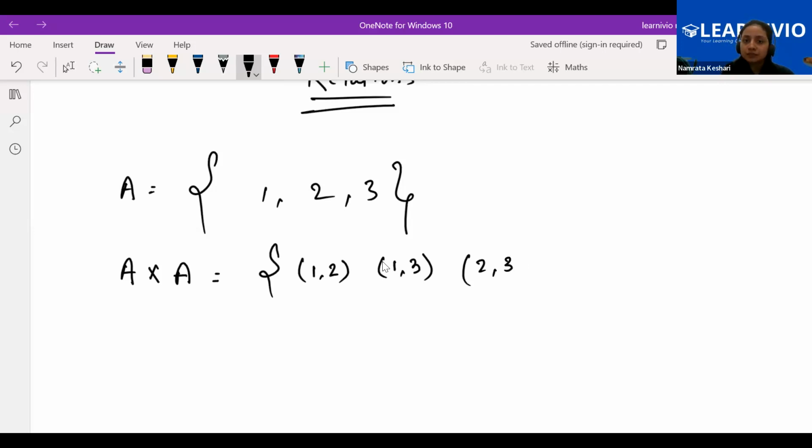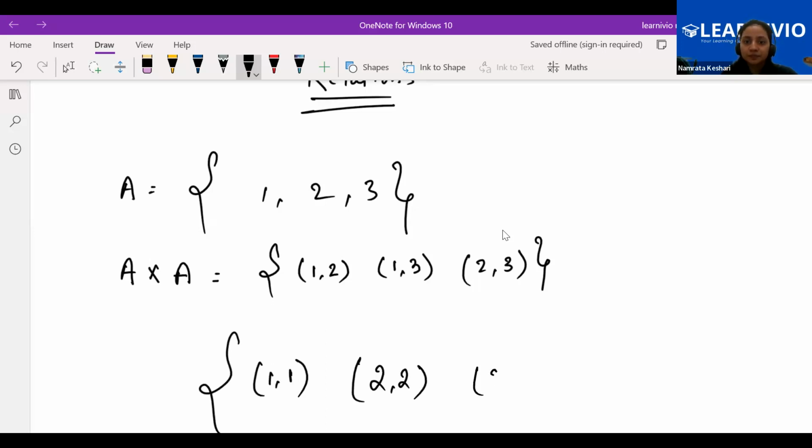Are we done? Ali, if we have to find the Cartesian product between A and A, then what will it be? 1, 1, then 2, 2, 3, 3.